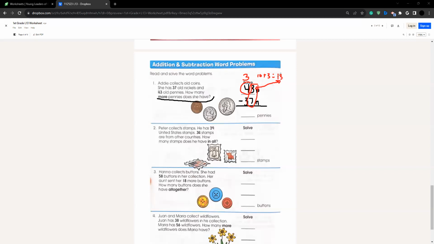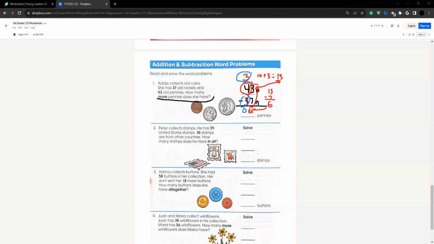So now we can do 13 minus 7. 13 minus 7 is, we know that's 6, right? So you can put 6 here. And now we need to solve for tens. But instead of 4, it went to 3, and 3 minus 3 is 0.